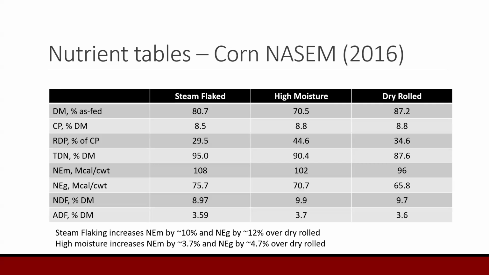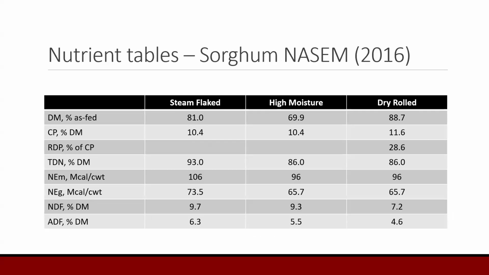However, it doesn't make sense: the difference in energy gained between high moisture and steam flaking is 6 megacalories of NEm per hundredweight, so that's like a 5% increase or whatever. So it doesn't necessarily make sense to make that capital investment into a steam chest. Okay? Everybody follow? Cool.